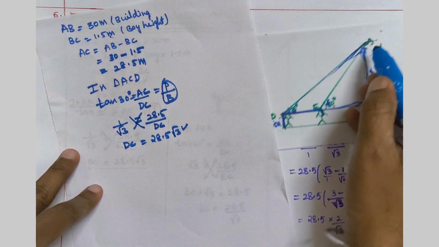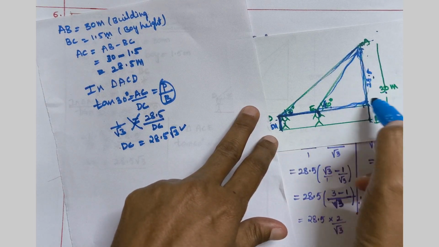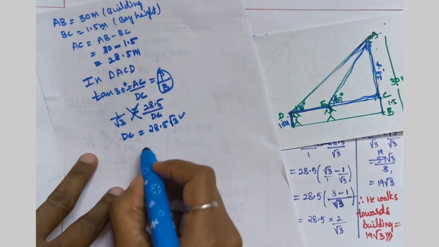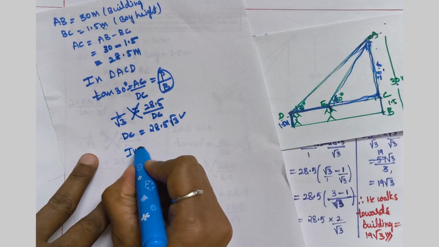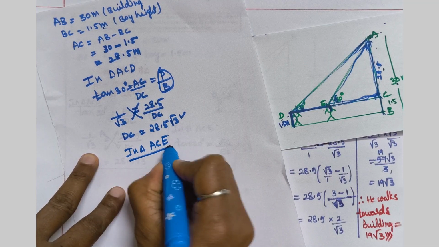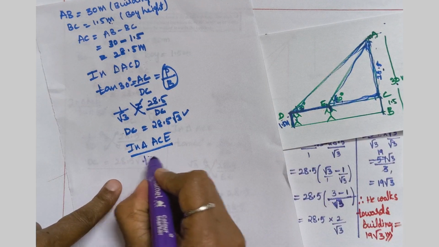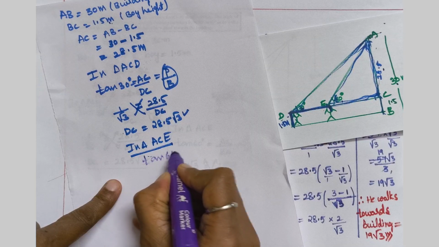Now we will use this small triangle, the ACE triangle. In triangle ACE, again we will use tan 60 degree.